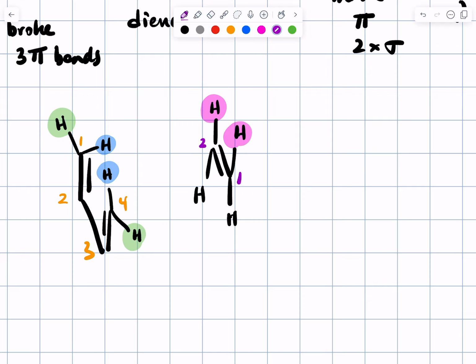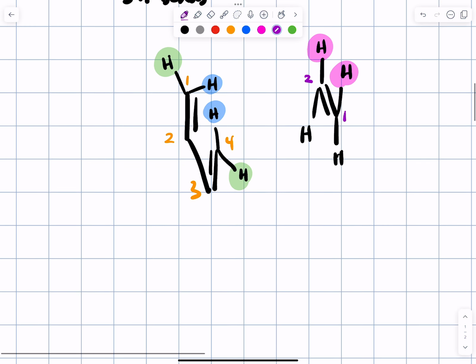For more complicated examples, what we just did is going to be the difference between two regioisomers. That is connectivity, whether you make a bond between orange 1 and purple 1, orange 4 and purple 2, or whether you make a new bond between orange 1 and purple 2 and orange 4 and purple 1.